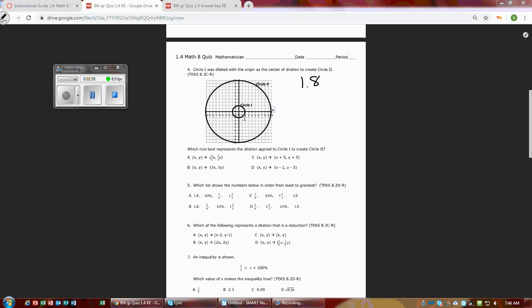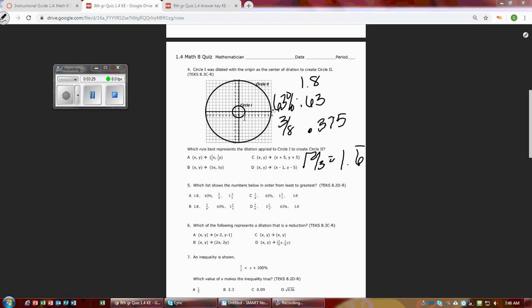The next one is 63%, so if I use a calculator, I see that 63% equals 0.63. And then I'll have 3/8. If I put it in my calculator, 3/8 is 0.375. And then my last one is 1 2/3, so that's 1 and then 2 divided by 3, control enter, 0.6 repeating.